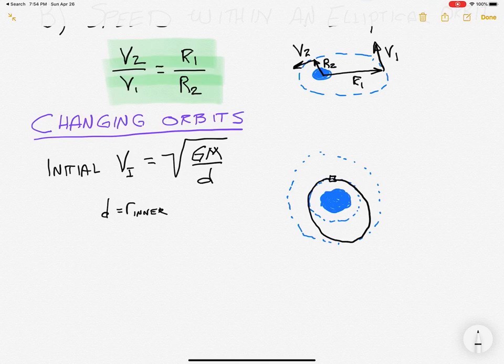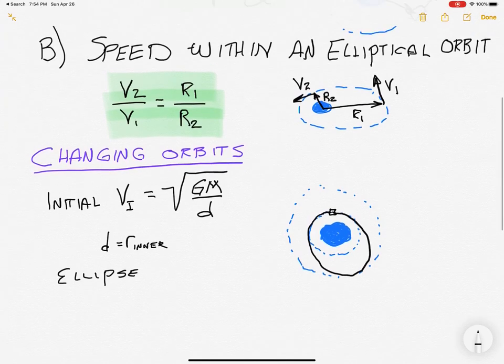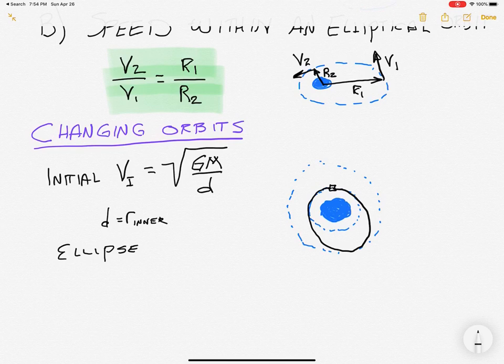So from our ellipse, we get that the velocity at point 2, so this will be 1, this will be 2, the velocity of point 2 is equal to whatever our R1 is, which is going to be d, and wherever we end up at R2, and that's times velocity 1, which is just the velocity of the inner.